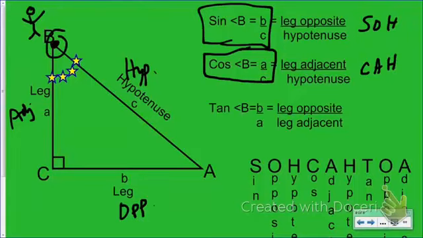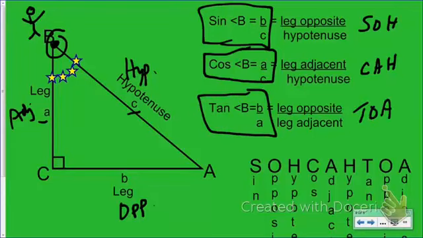So from this corner, the adjacent would be A, and the hypotenuse would be C. So it would be A over C. And then tangent from corner B, remember that's TOA, would be opposite over adjacent. And so from corner B, opposite would be B over adjacent, which is A. Okay, and again, once we start putting some numbers in here, this should start making a little bit more sense to you.